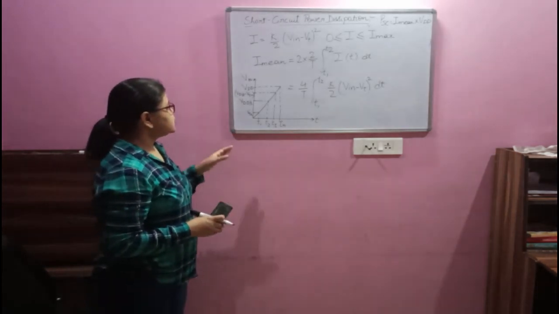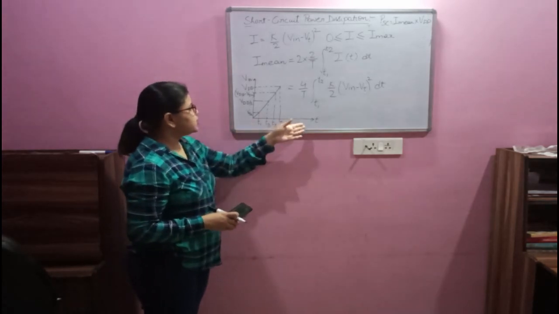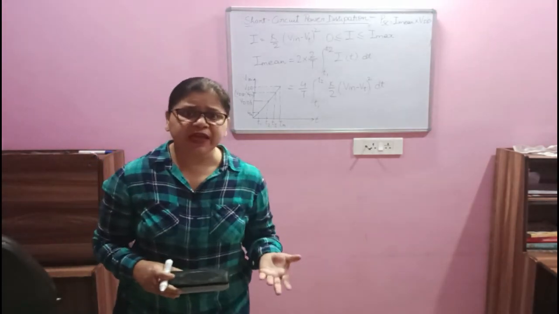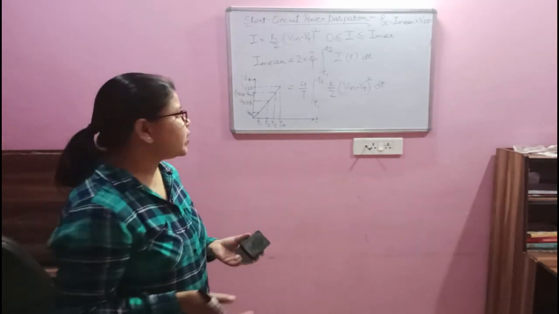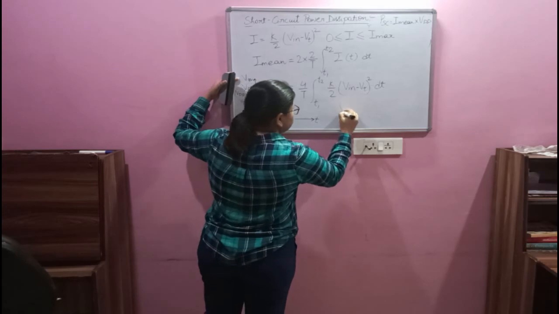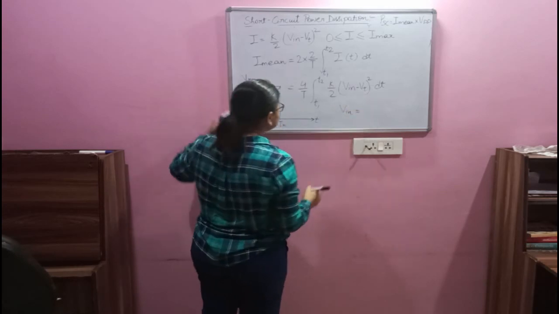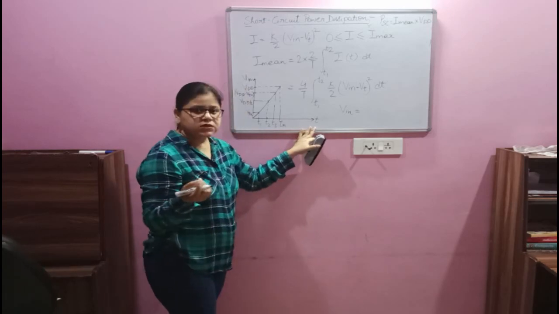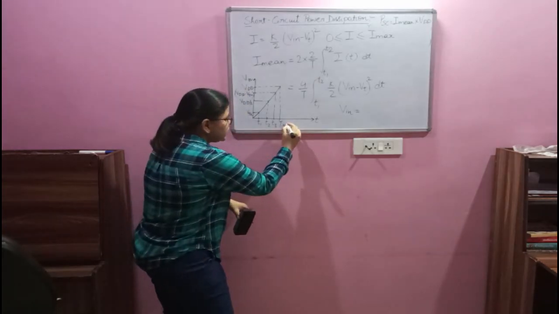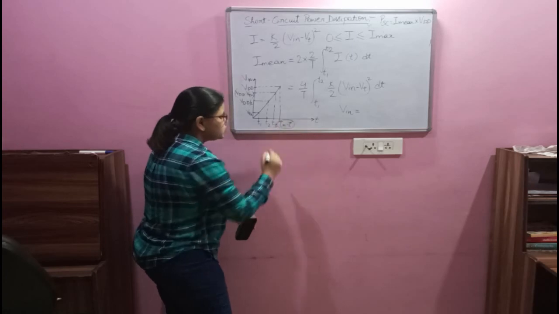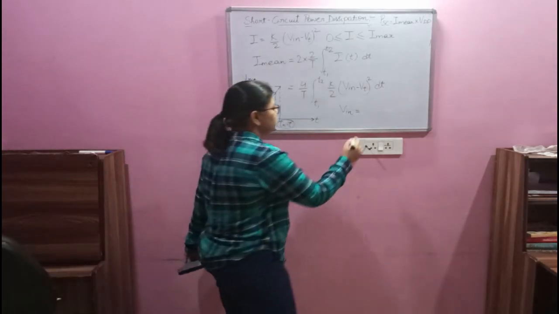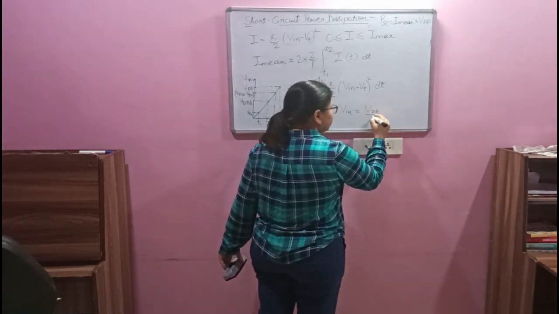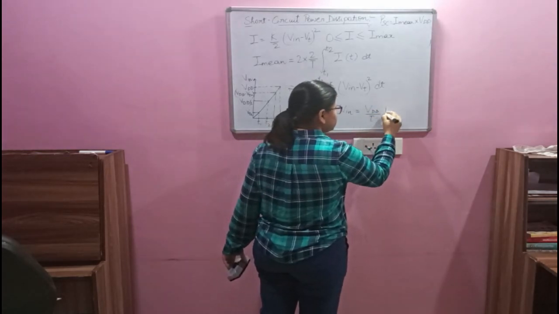Now if I consider this linear relationship between the time and the input voltage, by means of a line equation which says y is equal to mx, our y here is v in, x is time t, and this tau r we are taking as tau, and m will have the value VDD upon tau into t.